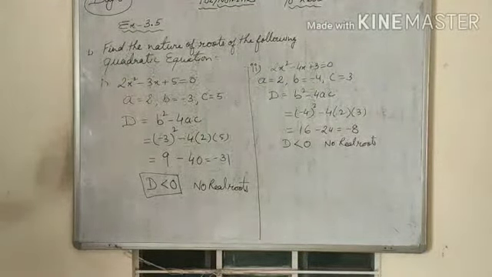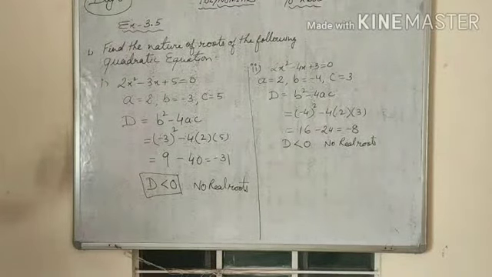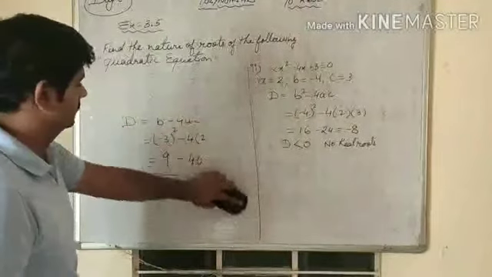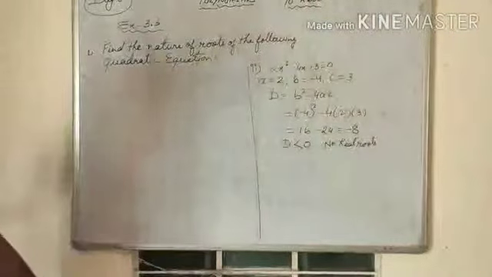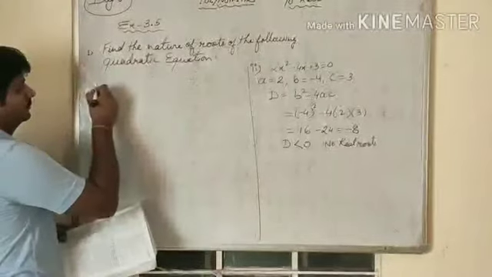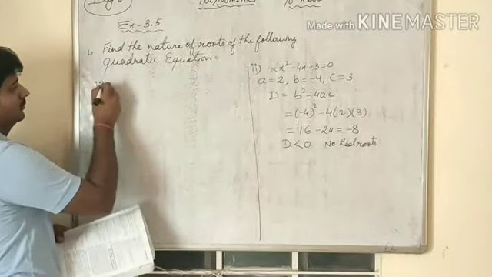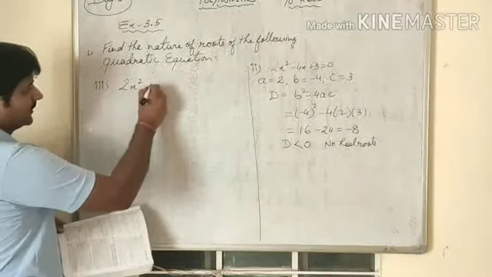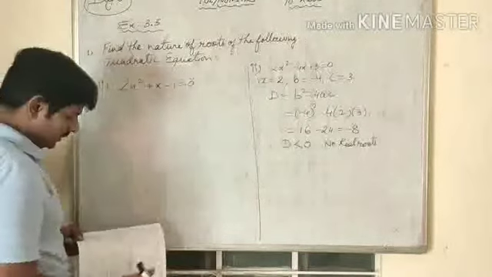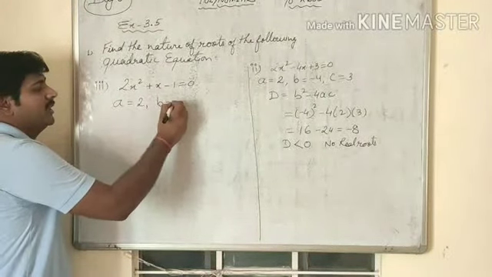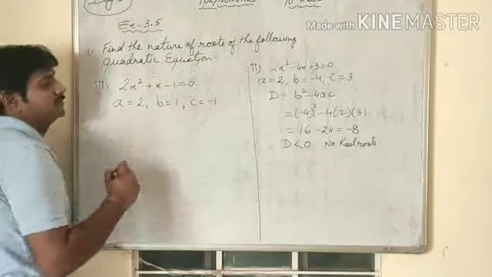I'll repeat, the process is the same. We just have to observe the discriminant. Now the third part: x square plus x minus 1 equals 0. A is 1, B is 1, C is minus 1.